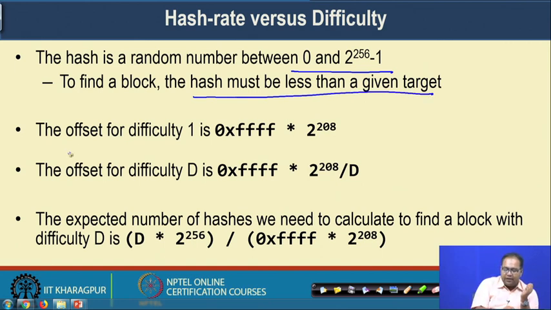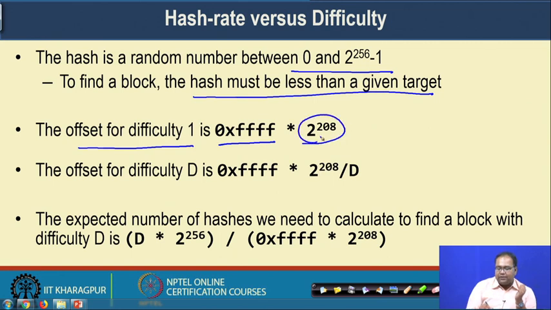So, we offset the difficulty level 1 as 0xFFFF into 2 to the power 208. That means, out of the 256 bits, we are saying that the initial 48 bits we want as 0, and the remaining bits can be 1.